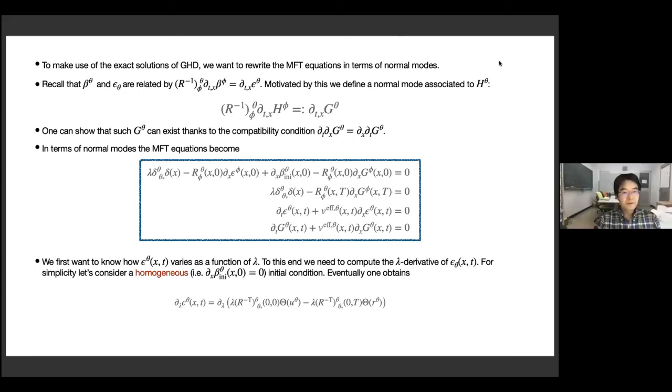Jacopo, please. Yes, hi. Hi, Jacopo. But if I understand correctly, the main power of MFT is that just knowing the average of the current, you can access all the moments, right? Yes, the current, and in the diffusive case, you have to know the diffusion constant.